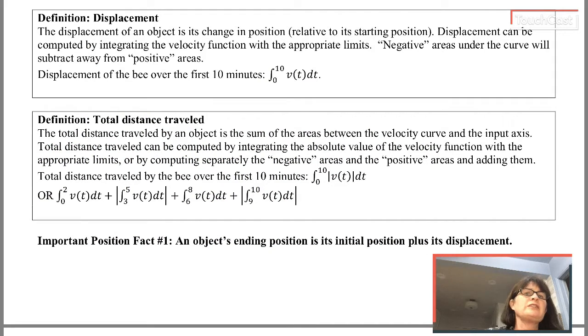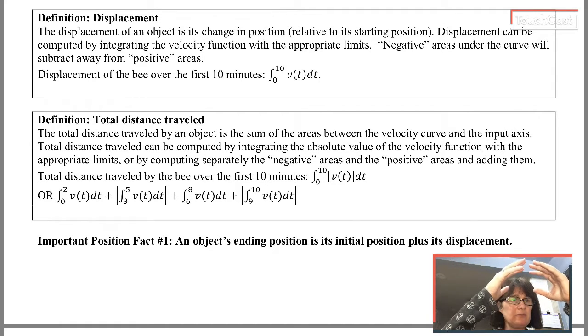So our two new definitions: displacement is simply area under the velocity curve, even if that velocity is negative. The positive areas, the areas above the x-axis, and the areas below the x-axis will cancel each other out in places and just give us the change in our position from where we started. So that's the same integral we've been writing.